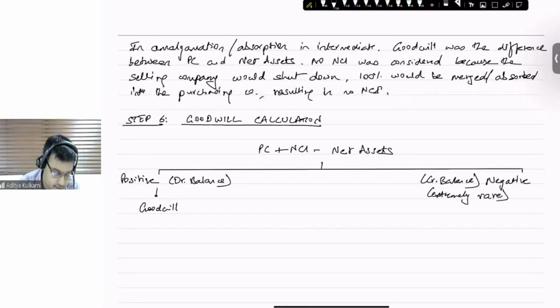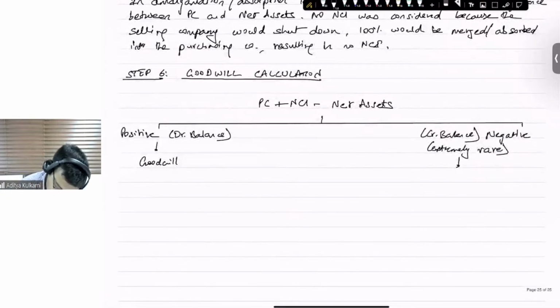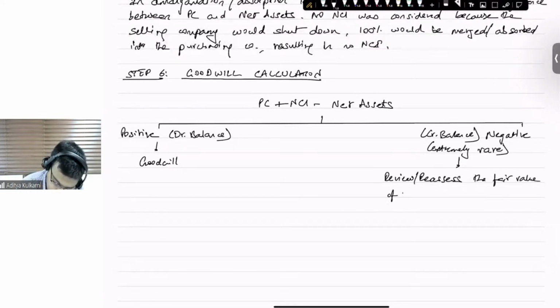And since it is extremely rare, what the standard setters tell is you review, reassess the fair value of PC, NCI, net assets. Reassess.